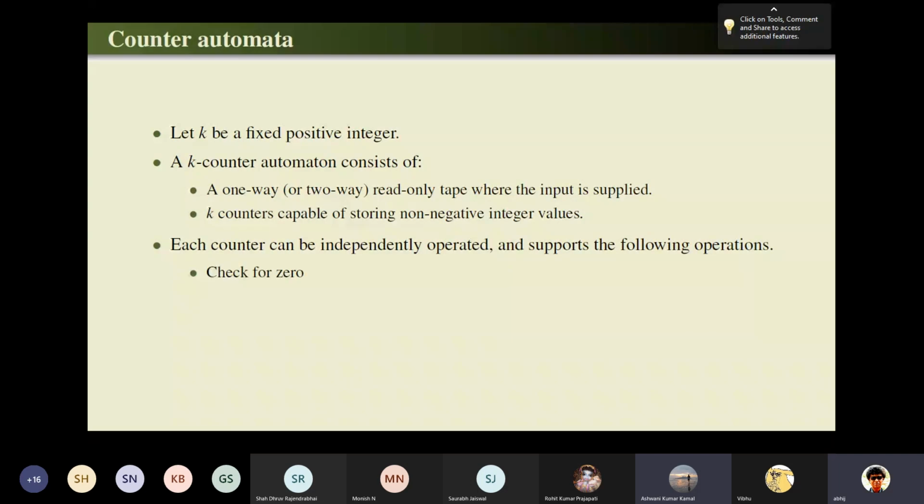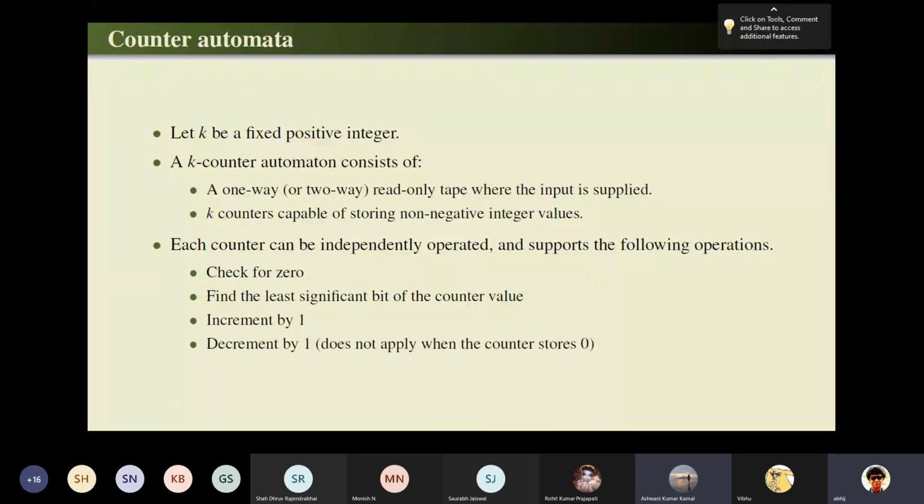Check whether the counter value is 0 or non-zero. Find the least significant bit of the counter, meaning the rightmost bit. And increment and decrement: plus plus, minus minus.